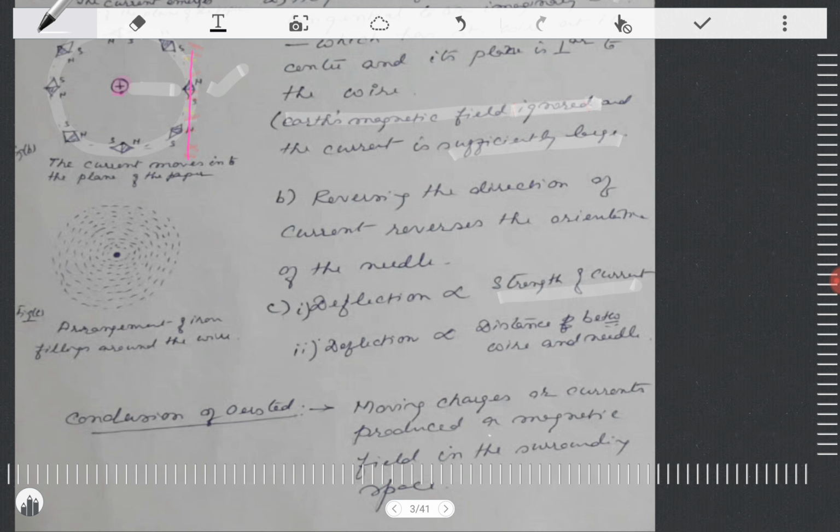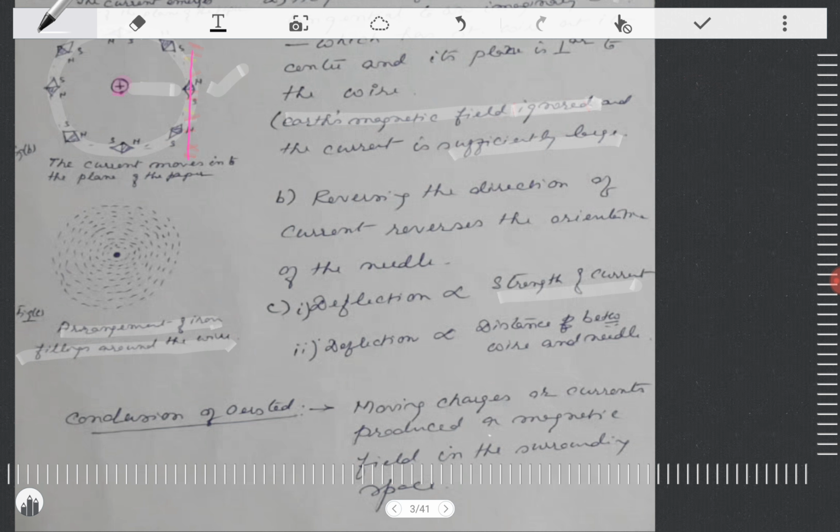The next diagram shows the arrangement of iron filings around the wire. If you insert a wire carrying a current through a plain piece of paper and sprinkle some iron filings over it, you will see the alignment of the iron filings in concentric circles. Now what does Oersted conclude?